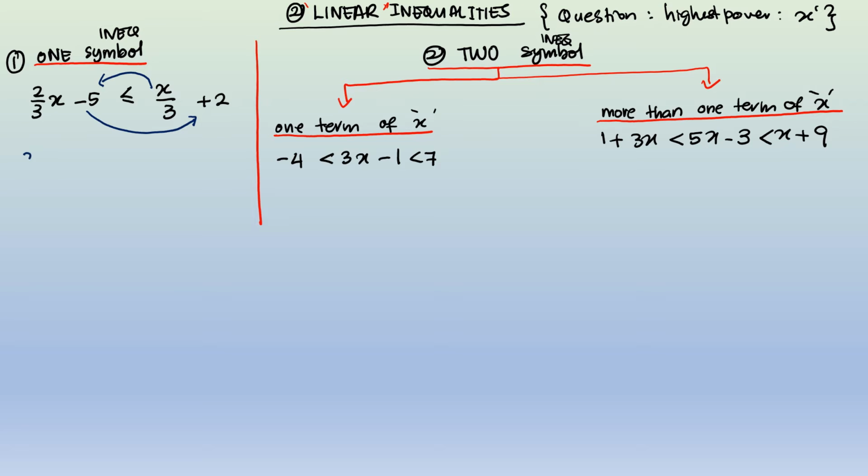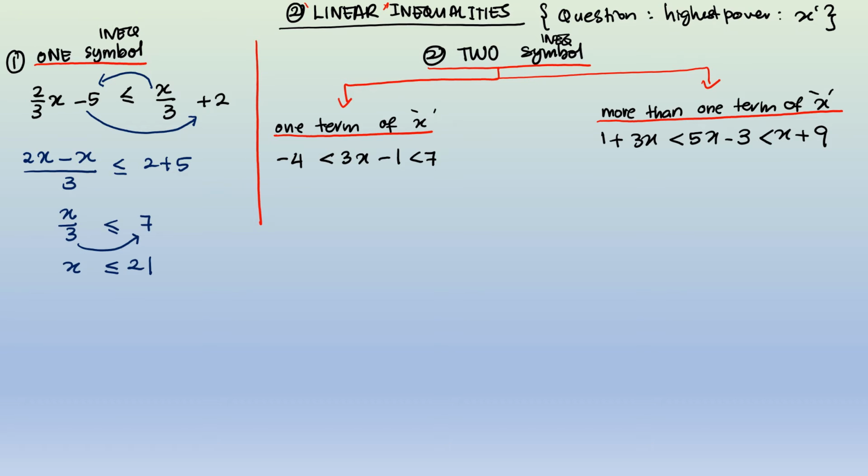So we will have 2x minus x over 3. I can just combine because it has the same denominator, and then you have 2 plus 5. Simplify the right hand side: x is less than or equal to 7 multiplied by 3, you get 21.